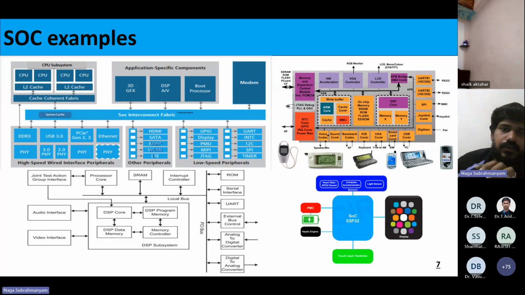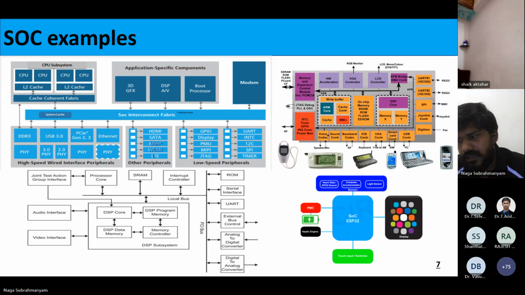The other thing is how I can integrate, meaning they'll purchase from outside and integrate it here. Because when they are purchasing, the third party design house will verify how it behaves at the IP level and at the top level.